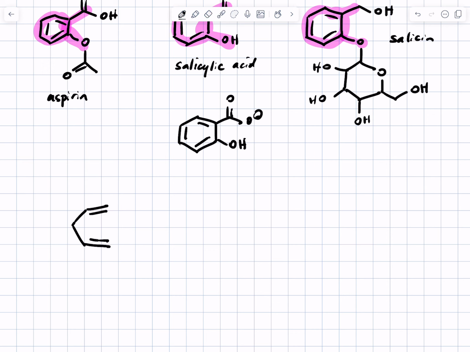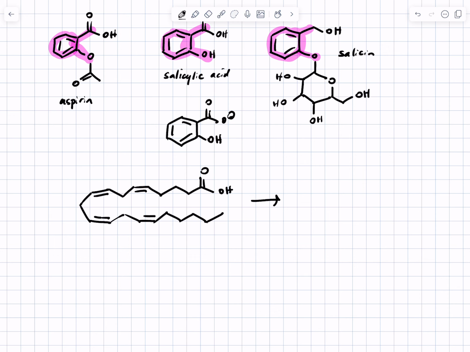I know that some of you don't believe me when I say that I will not ask you to memorize this structure, but I promise not to ask you to memorize this structure. But it's a 20-carbon acid, and it's a precursor and can be cyclized to form via a molecule called cyclooxygenase. This is an enzyme in biochemistry that you'll learn some stuff about.